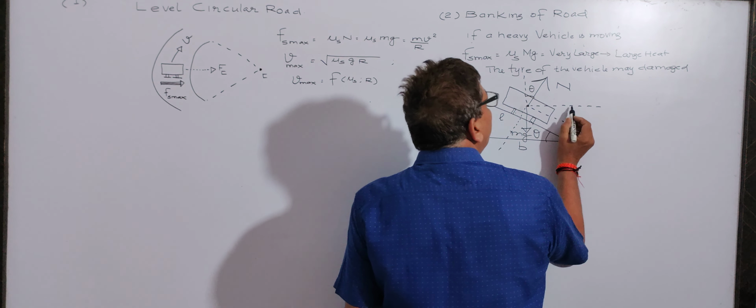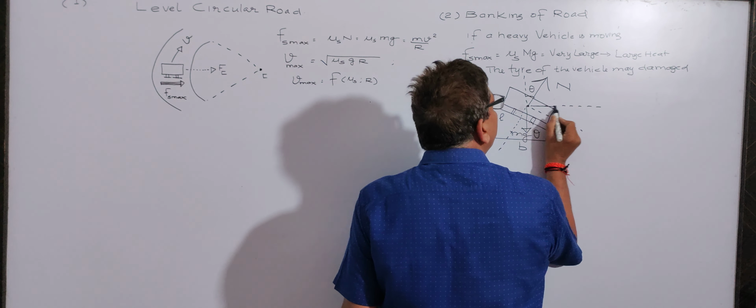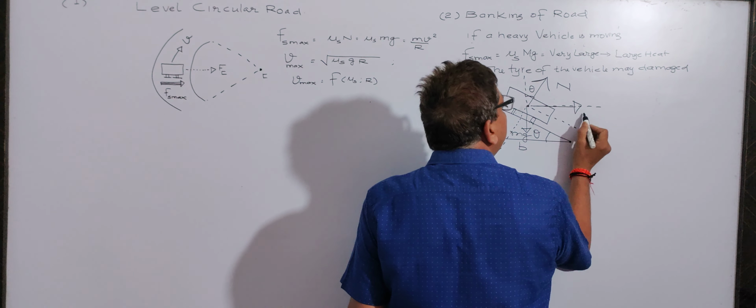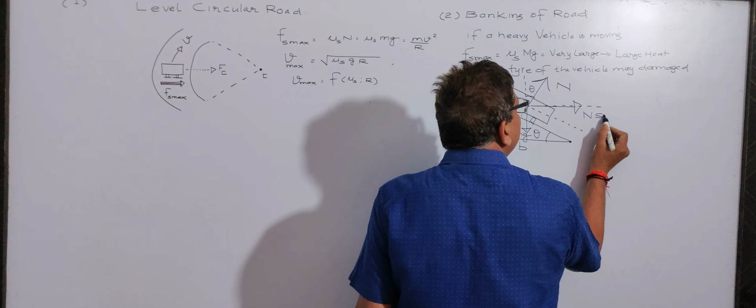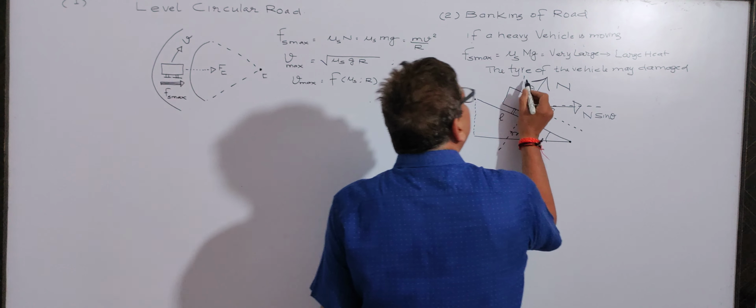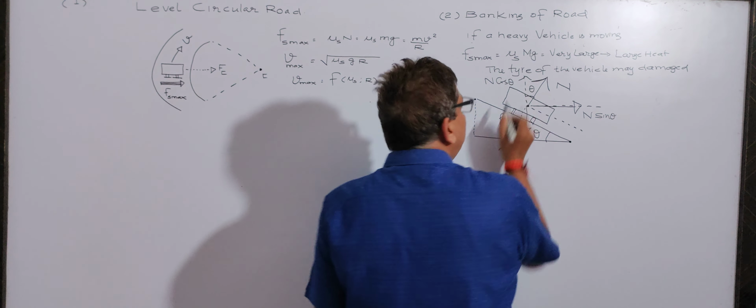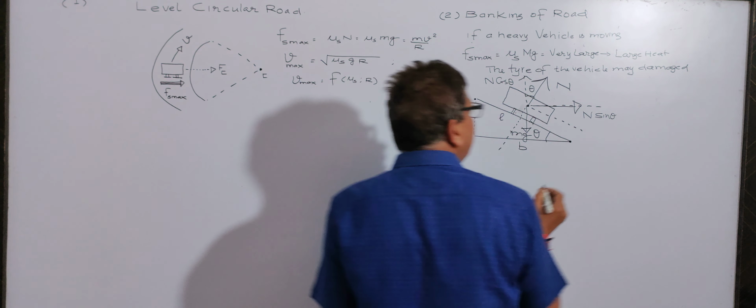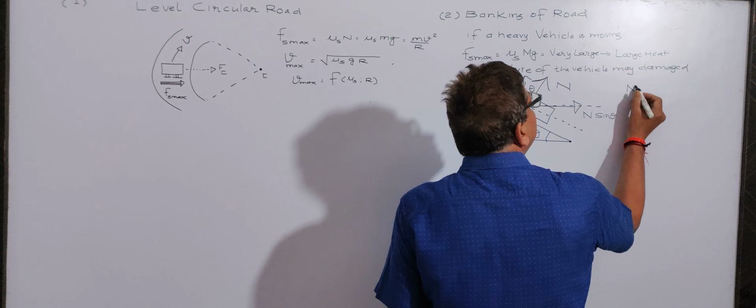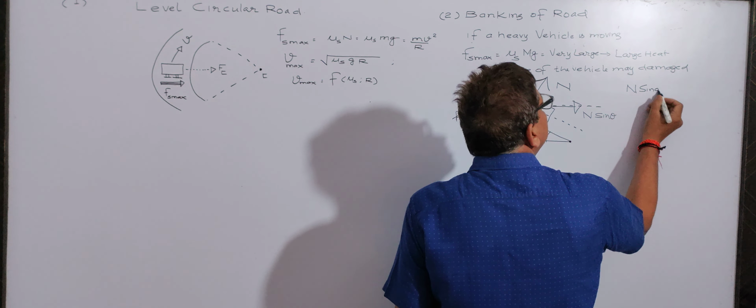Now I get two components of N. One component will be towards the center, that can be written as N sin theta, and another component is vertical, N cos theta. Is it clear? Now N sin theta provides the necessary centripetal force, mv square by r, and N cos theta balances the weight, right?